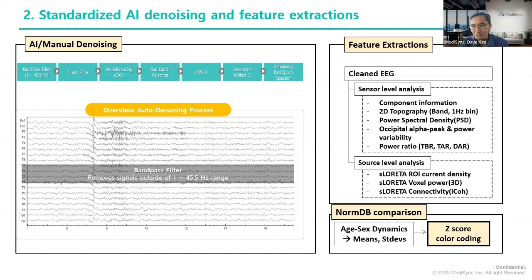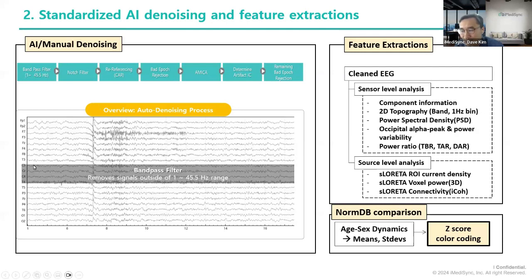It is not automated, so many researchers do the cleaning process before understanding the EEG pattern of the research group or the clinical population. Usually due to the labor-intensive work of manual denoising, many people cannot use the QEEG very much.